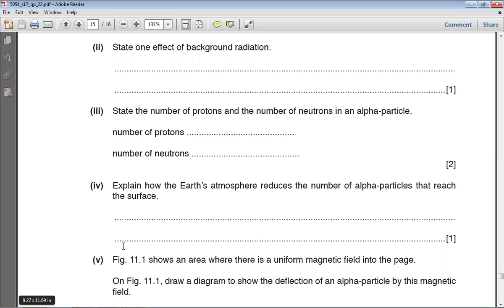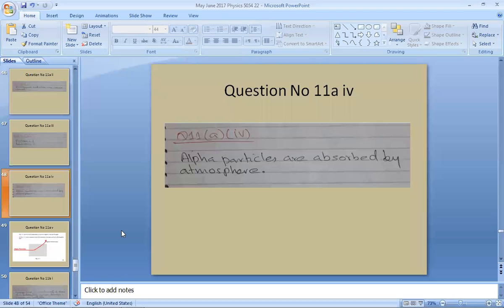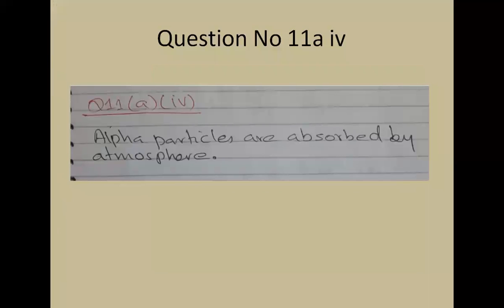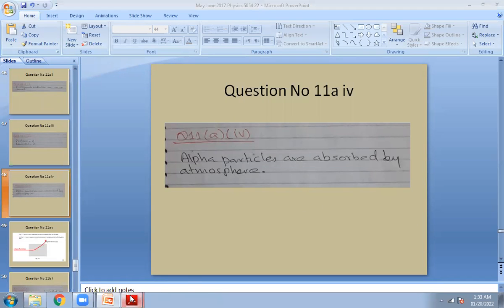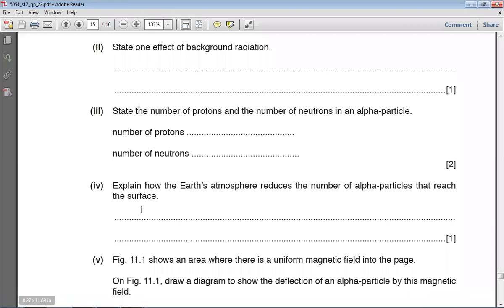Let me show you my written answer for the fourth part. It says alpha particles are absorbed by the atmosphere. So let's go to the next part.